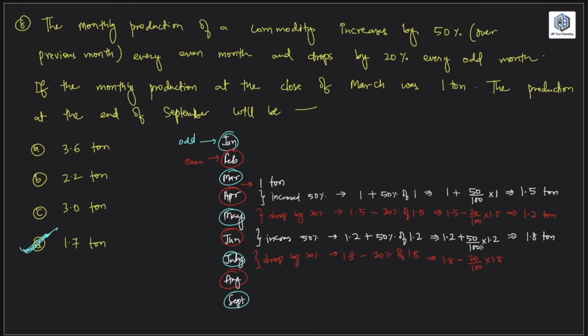Okay, so if I subtract it, this will be 1.44 ton. Similarly, next you have to increase and then again decrease. You will end up getting 1.7 ton as the final answer.